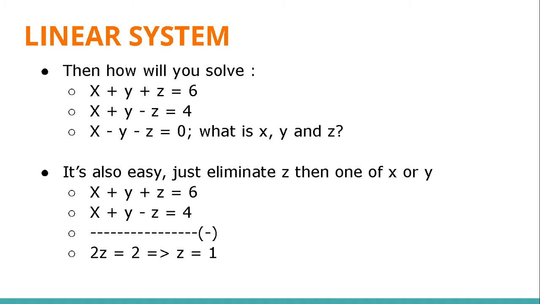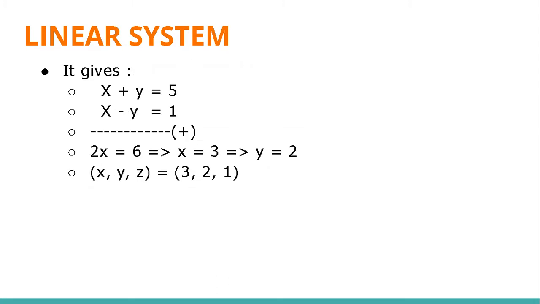Then after you eliminate again, you will get one of those variables, and then you just recalculate back and get all variables. So in this case, first you eliminate one pair of them, and then the next pair, and then you will get x, y, and z as 3, 2, and 1.